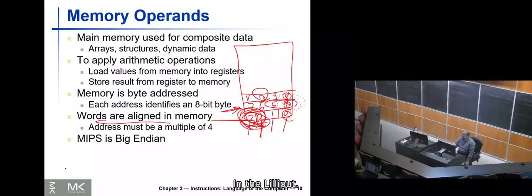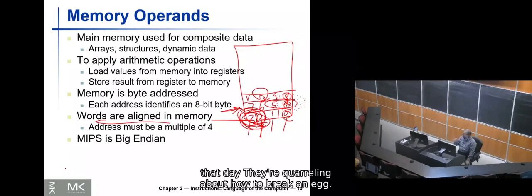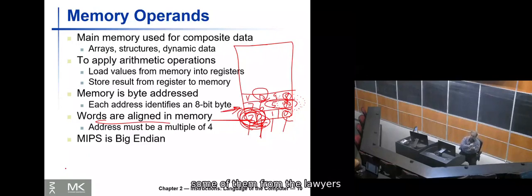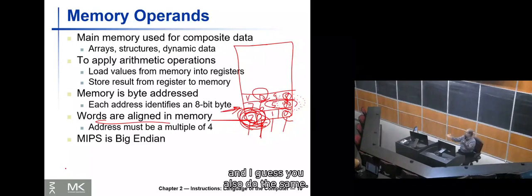Okay. In Lilliput, Gulliver finds that they were quarreling about how to break an egg. Some of them were breaking the egg from the bigger side, some of them from the lower side. I guess you also do the same.